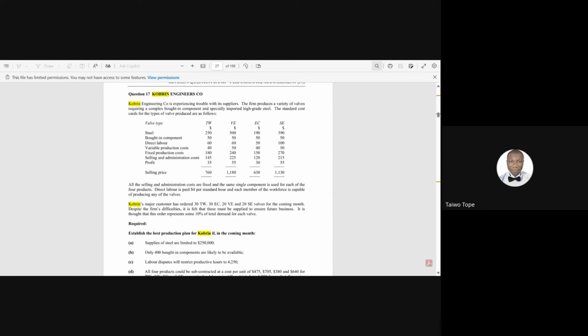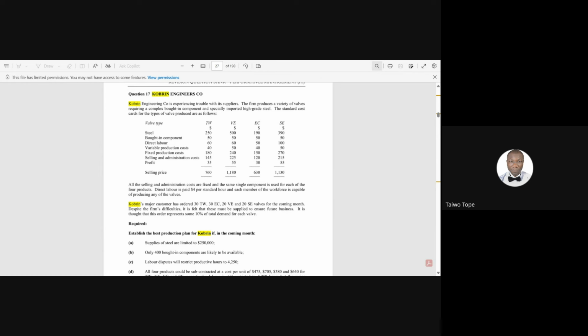And when we were reading, I laid emphasis on this part, that all the selling and administration costs are fixed, and the same single component is used for each of the 4 products. I now further went to say, how many components are used to produce 1 unit of TW? 1.